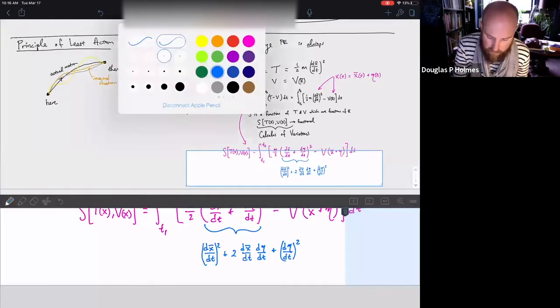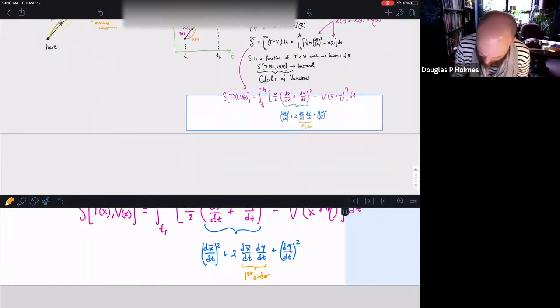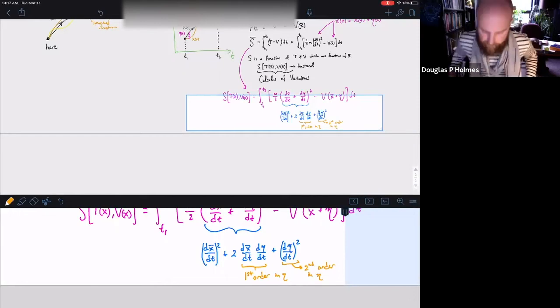And what I want you to notice is that this term is first order in eta, and this term is second order in eta. And that'll be important in a second. Okay.